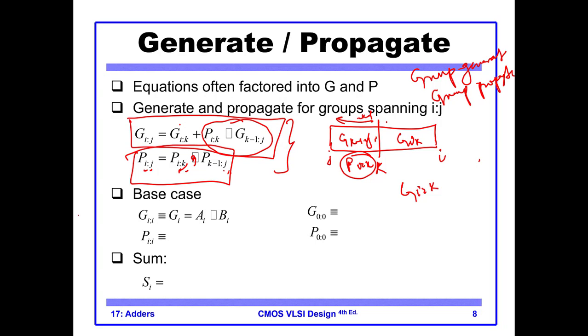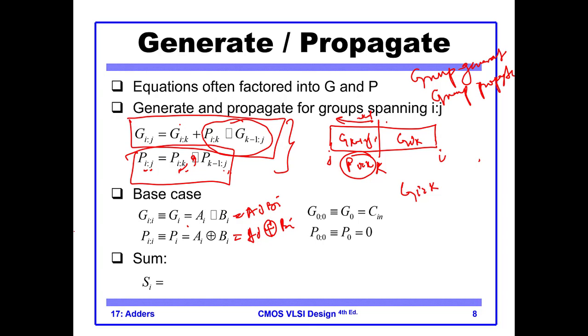And the base cases are these. If you are talking about G of I, it is Ai and Bi. If you are talking about Pi, it is Ai exclusive OR Bi. So at any bit position, if you take the AND, it is called generate. If you take the exclusive OR, this is called propagate.